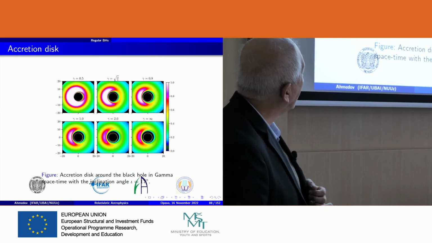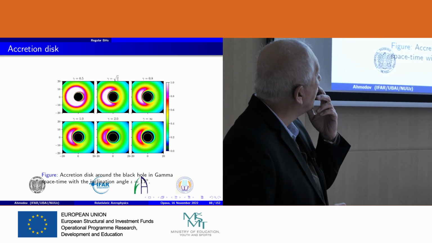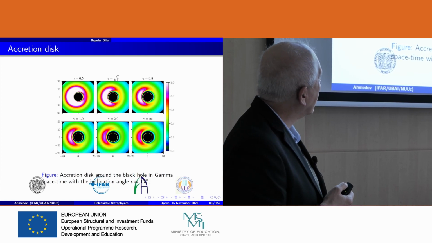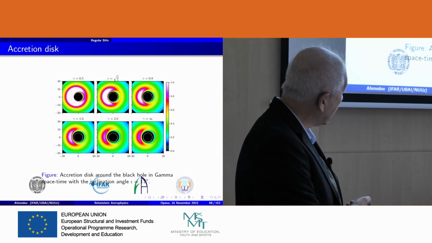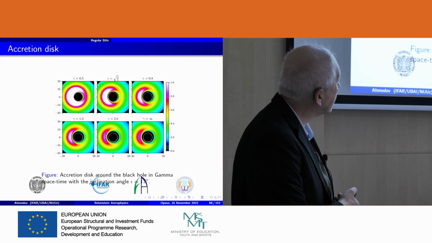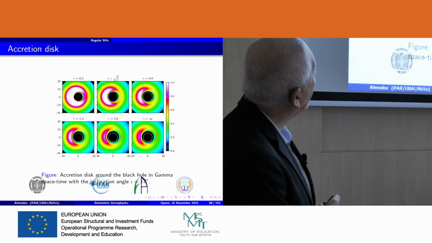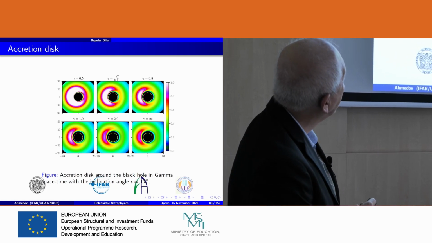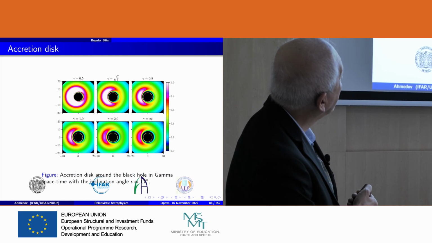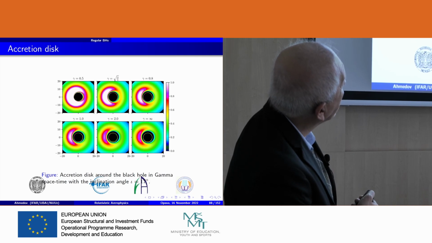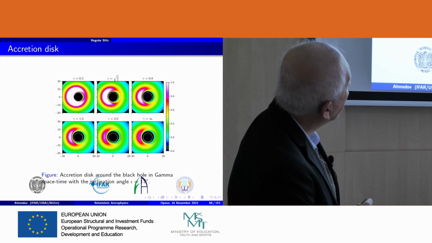So now you can produce some numerical images in the gamma space-time with inclination 17 degrees. And here you can see how the shape changes, in the first line this is gamma 0.5, and you see how the accretion disk and shadow change.